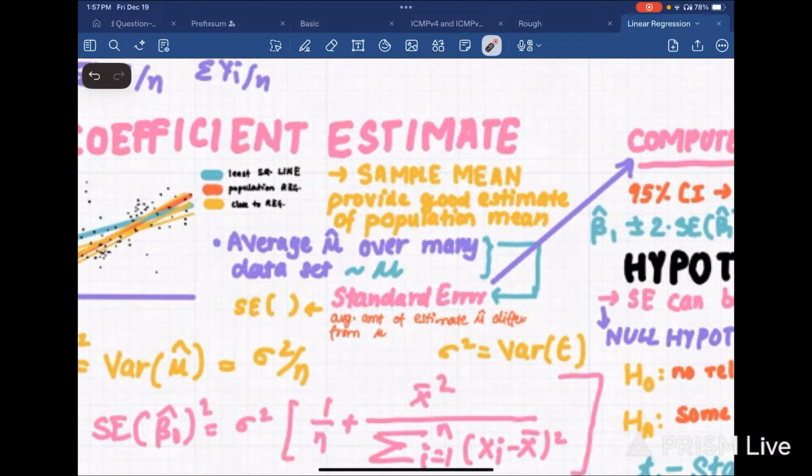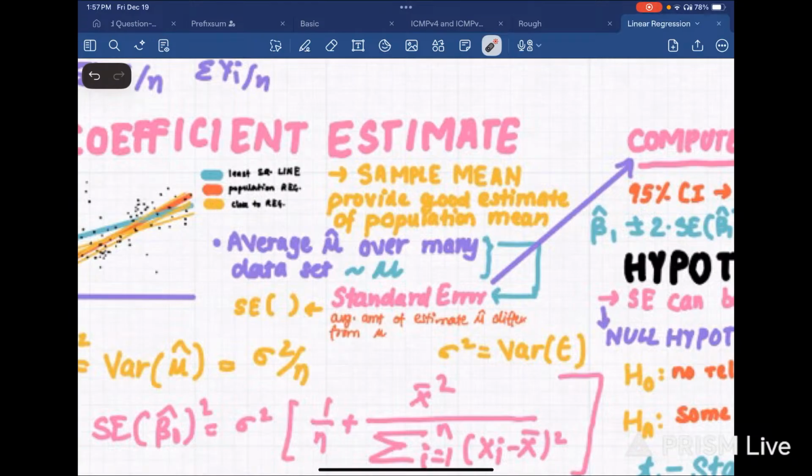we get that. So there is one thing called the standard error. We will denote this standard error as SE, and it is the average amount that the estimate mu naught differs from mu. This is the definition of the standard error as you see in many textbooks.